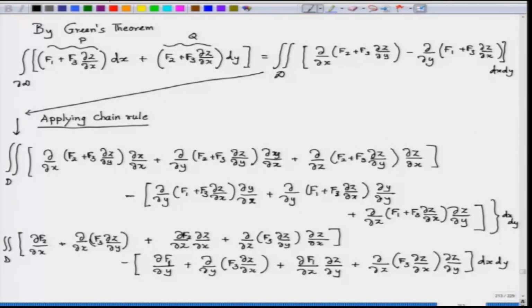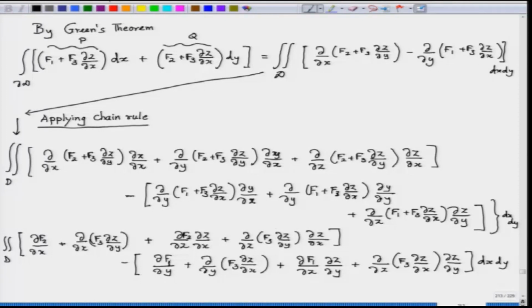Here what would happen, ∂z of F3 ∂z∂y. So, here if I look at it carefully, ∂F3∂x into ∂z∂y, which also comes here. So, ∂F3∂z into ∂z∂y into ∂z∂x, and you also have to do ∂²z∂z∂y.